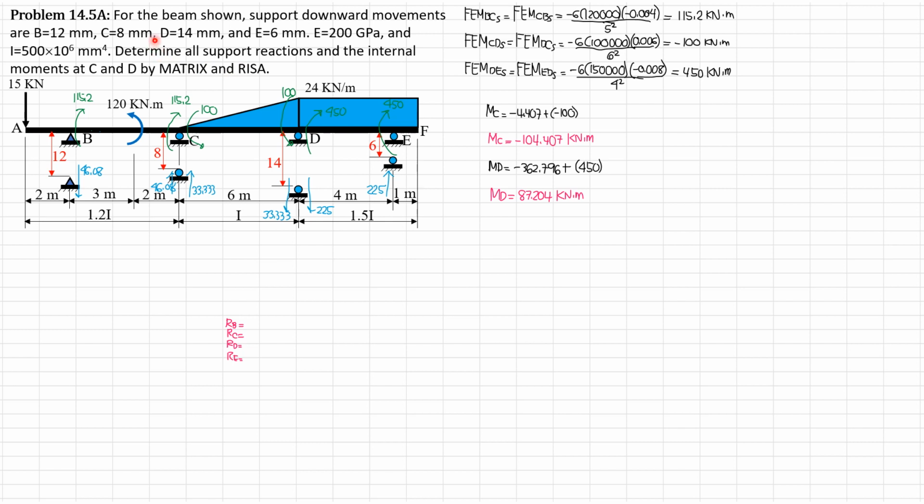Here is problem 14.5, with the aid of software to verify our solutions and answers in the preceding matrix structural analysis problems, originally from problem 9.5 solved by three-moment equations, 10.5a by slope deflection equations, then 11.5a by the moment distribution method, 11.5b by the purely matrix approach, and this time 14.5a by the combination of matrix and the verification using this software, RISA 2D.